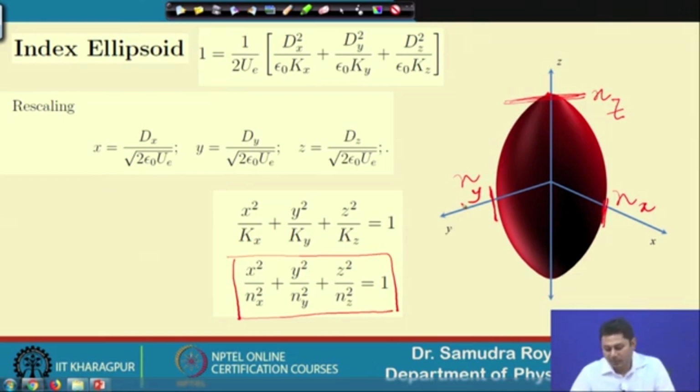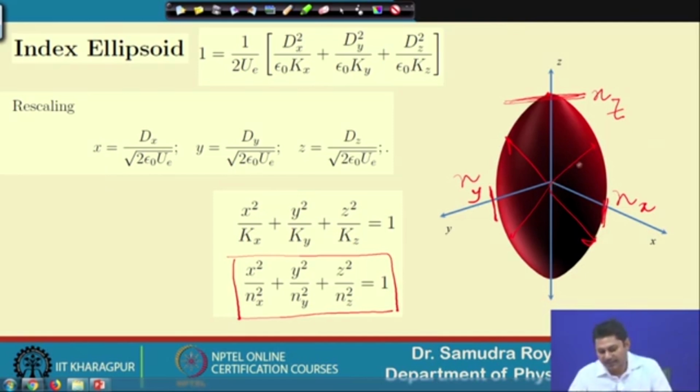So at all the different points we have a different kind of refractive index, and once we have different refractive indices, we can find out the angle. So this is some sort of 3-dimensional ellipsoid, and each individual point is the individual refractive index for that particular angle or direction.